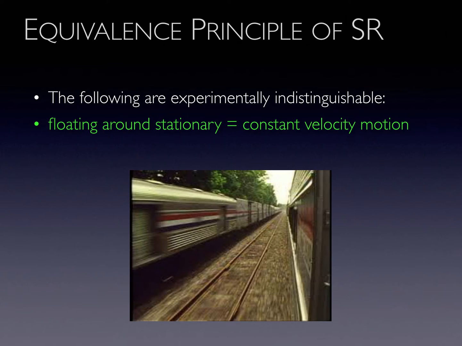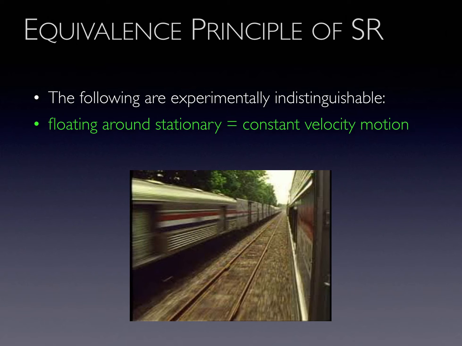An important feature of special relativity is what is called the equivalence principle. It states that there is no experiment that can reveal whether a system is stationary or moving with a constant velocity. That is, an experiment done on a train station will behave the same as it would aboard a fast-moving train. Thus, the whole question of whether one is really moving or who is really moving becomes irrelevant.